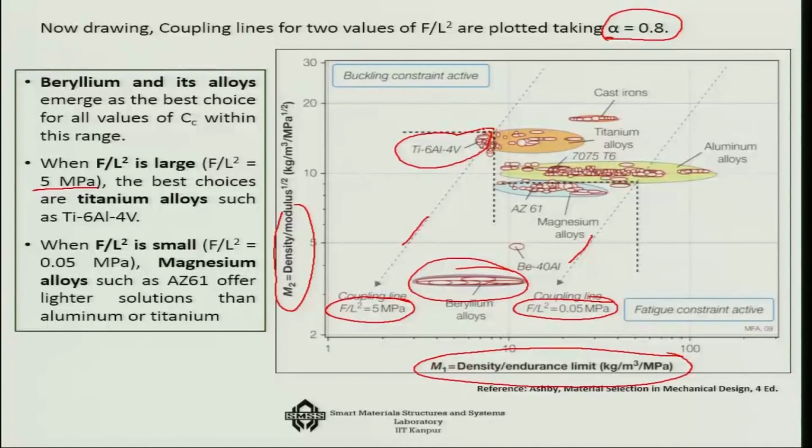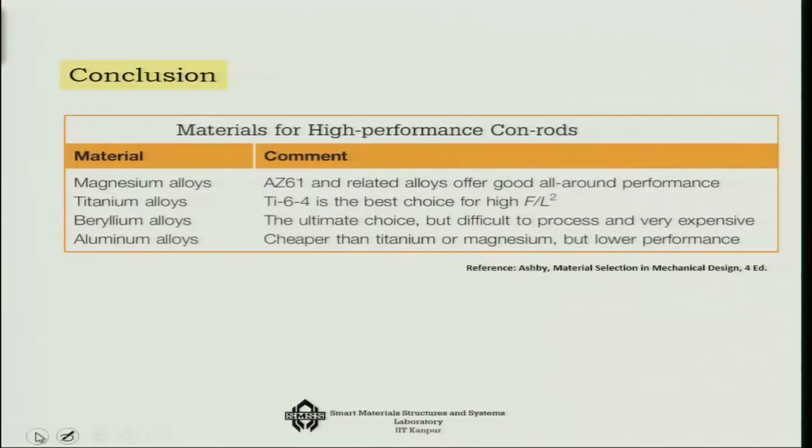And when the pressure is low, you may also consider the magnesium alloys here. Of course, you have to keep in mind that if you choose the magnesium alloy, you will satisfy M1 more and M2 less. If you choose beryllium, you can satisfy both the conditions 50-50, and corresponding to the case of high pressure, you have only titanium alloy as your choice in terms of the material. So thus we get a very good idea of which material to choose corresponding to the applications.